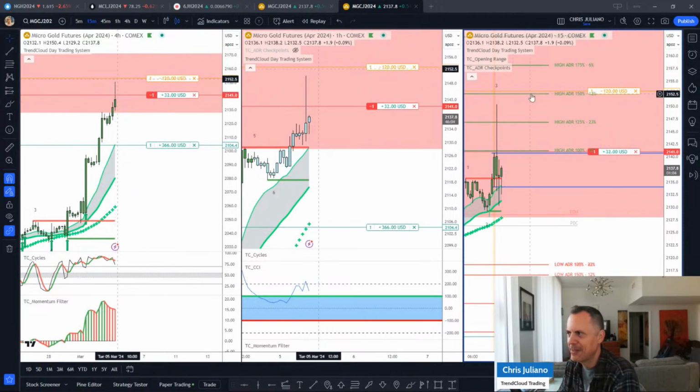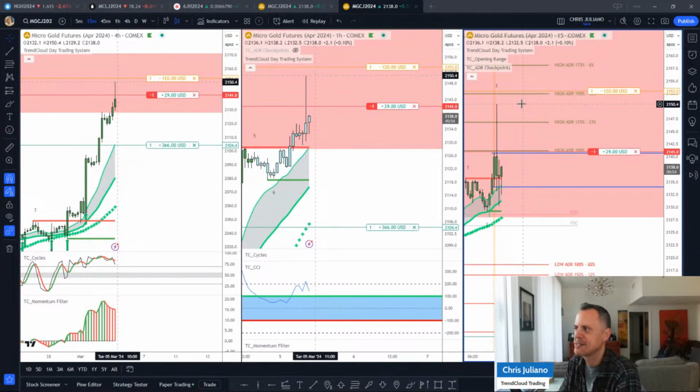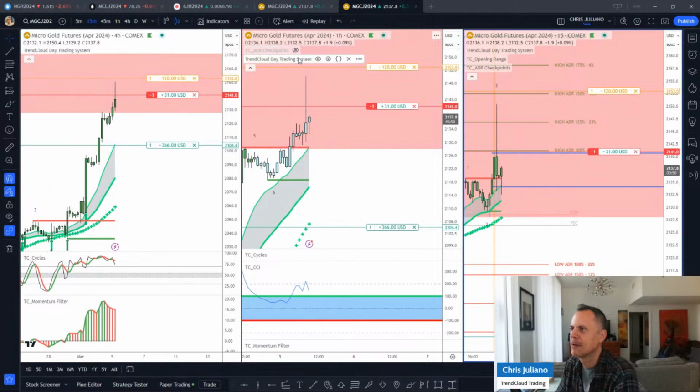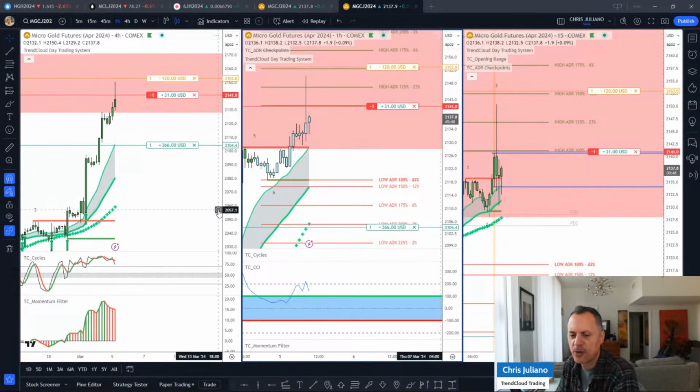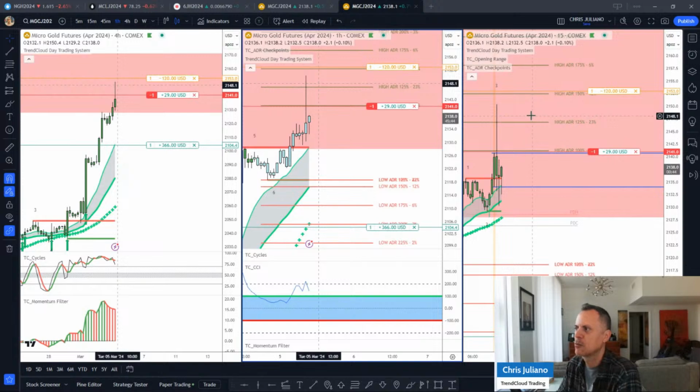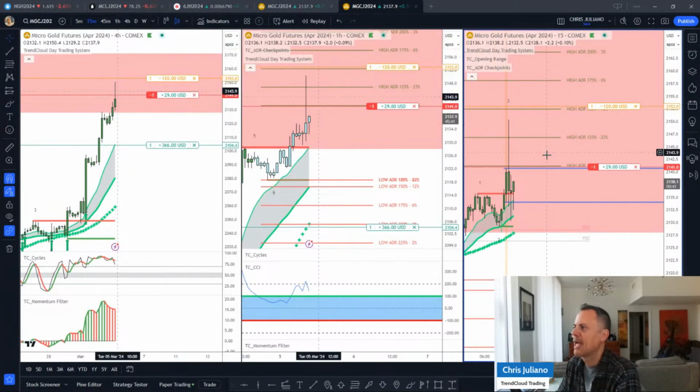We're breaking out to the upside in a level of imbalance where there should be more sellers than buyers, right? That's what the level of imbalance is. The level of resistance that we're hitting, ADR checkpoints, serves as the resistance. So we're in a level of imbalance where there are more sellers, and we're hitting levels of resistance, which are ADR checkpoints.